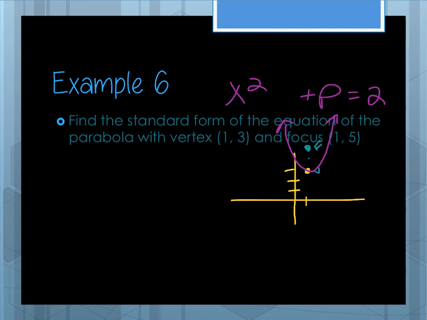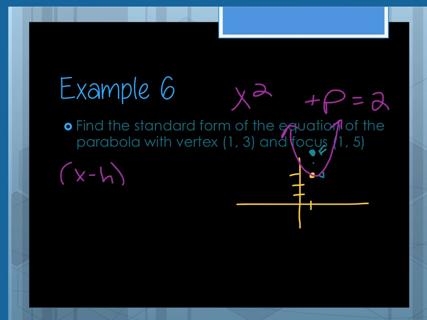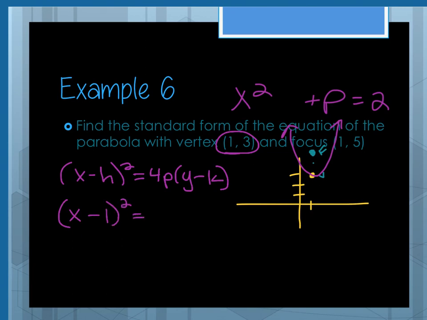So now standard form is x minus h squared equals 4p times y minus k. The vertex is 1, 3, so this is x minus 1 squared equals 4 times a positive 2, 8, times y minus k, which is 3.